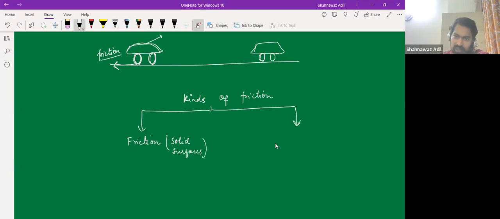And then we have viscosity, which happens between fluid surfaces.